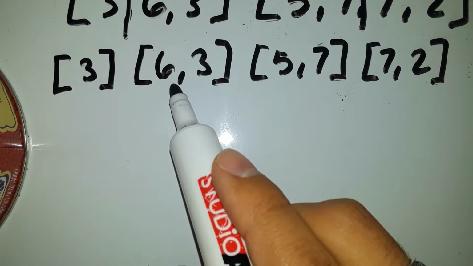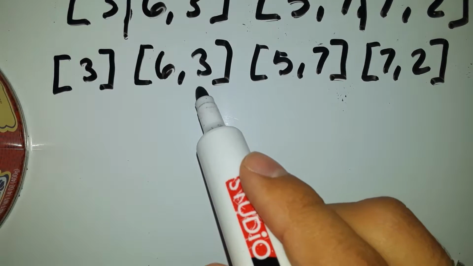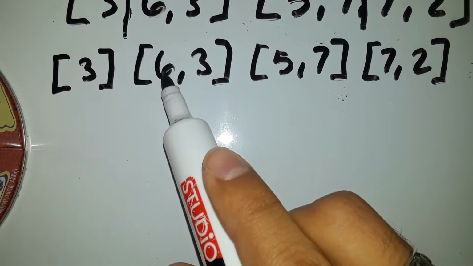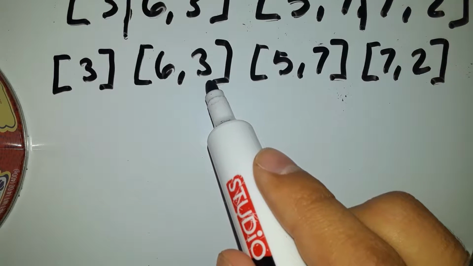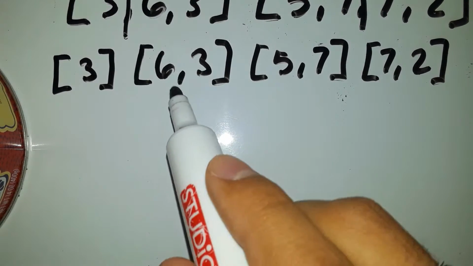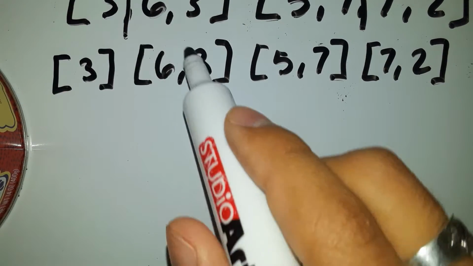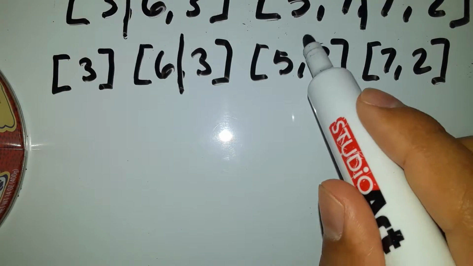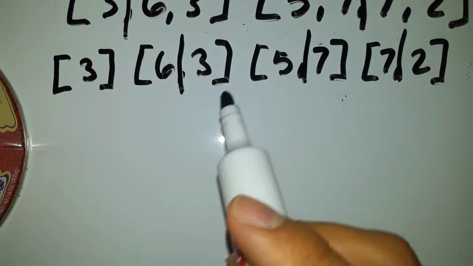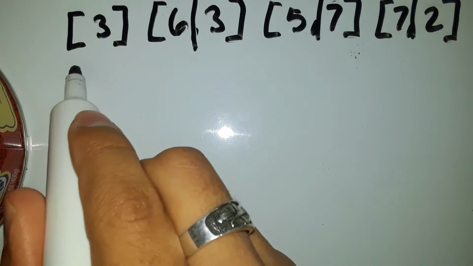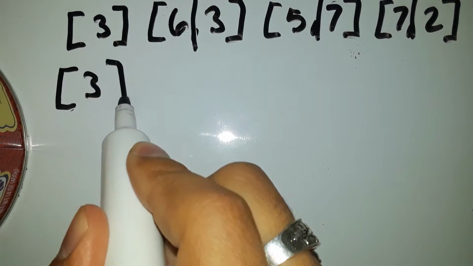So now let's break down the 6 and the 3. This does need to be split. In this case, it has a length of 2, so 1, 2, and then 2 divided by 2 is 1. So we're going to split right before the 1 index. So 0, 1. Split here, and we're going to do that for all of them. And I'm just going to bring down the 3, and I'll explain how it ties into it later.